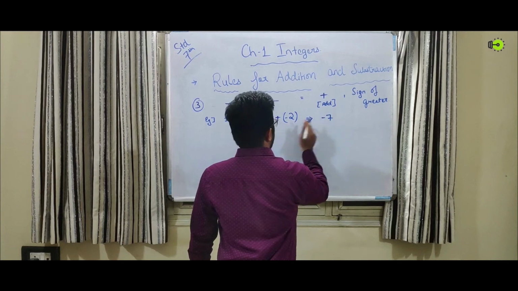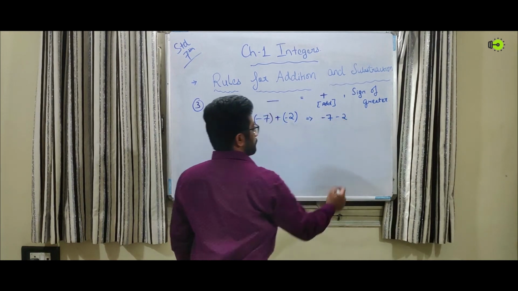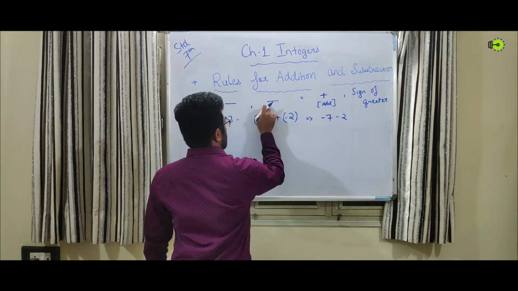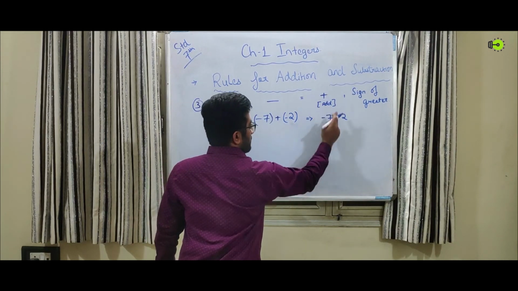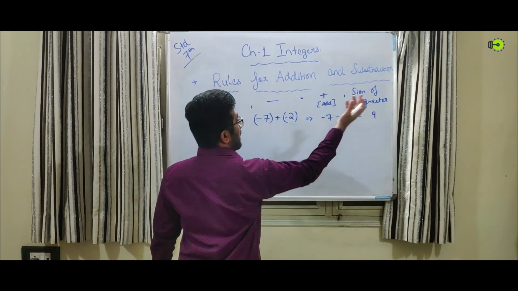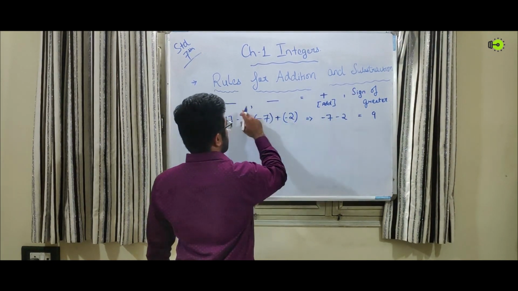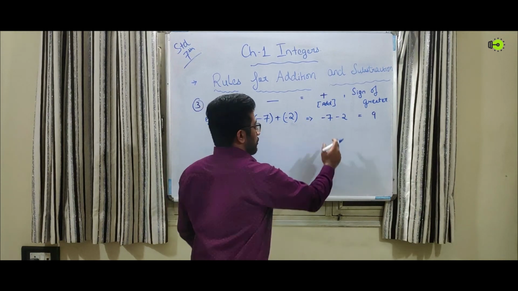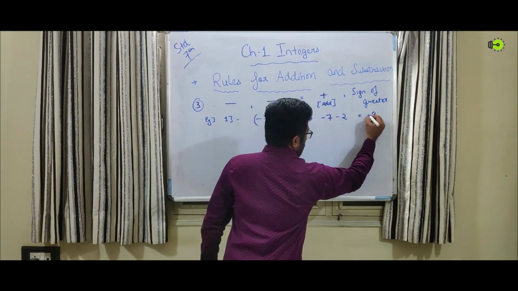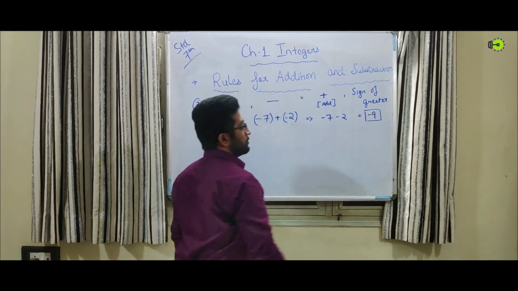So minus 7 plus minus minus, that is minus 2. Now there are two integers with two negative signs, we have to add them. So 7 plus 2, that is 9, and the sign of the greater number, here it doesn't matter because both of the numbers carry the same sign, that is negative. So we'll put negative here. So the answer is minus 9.